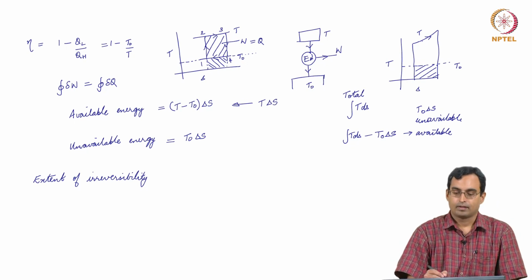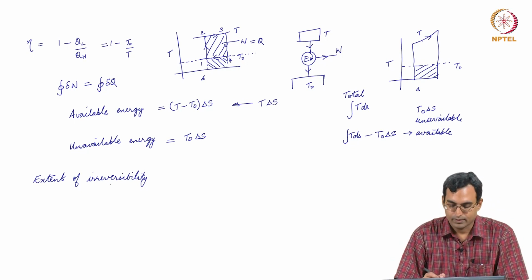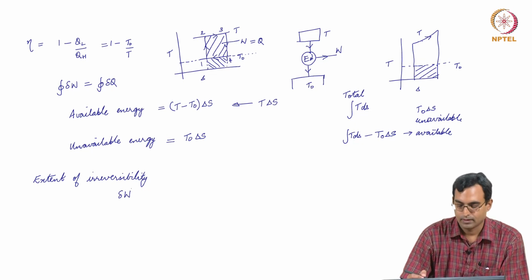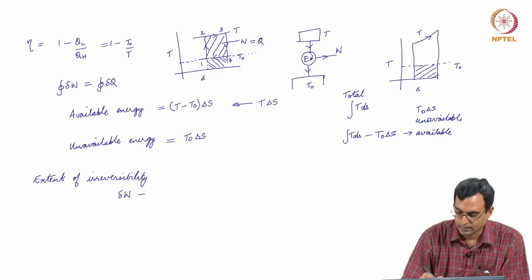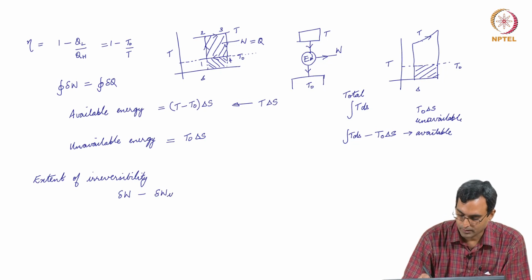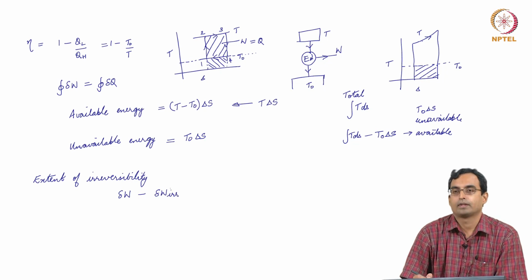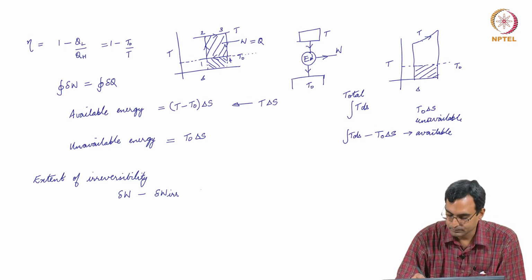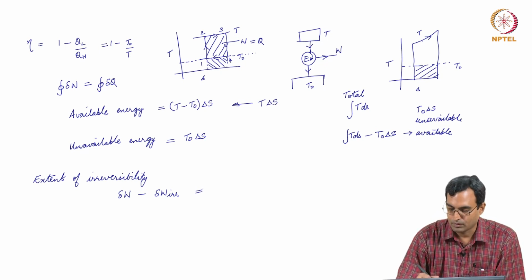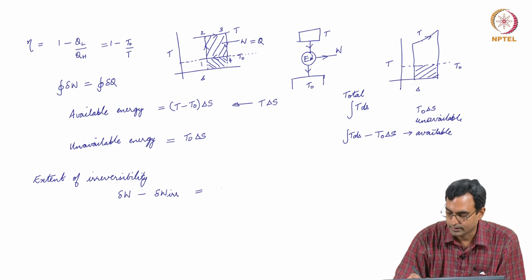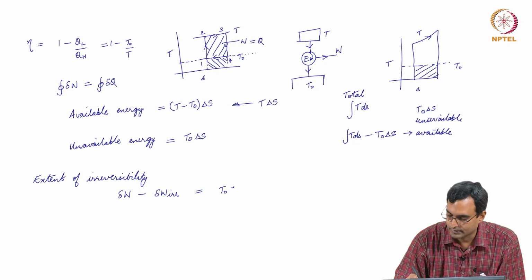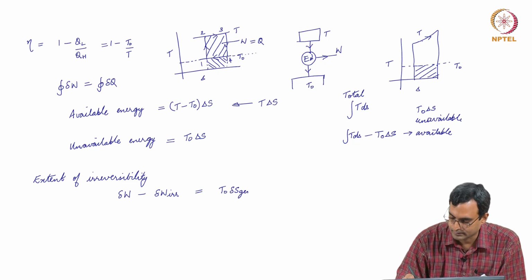So, one last concept here is what is called the extent of irreversibility. It is essentially the work which I could have got minus the work which I get because the process is irreversible. We found this out already. This is essentially T naught into delta S generated.